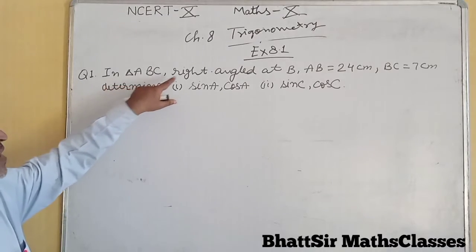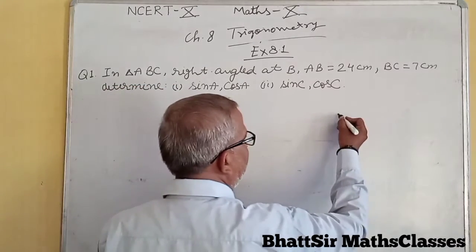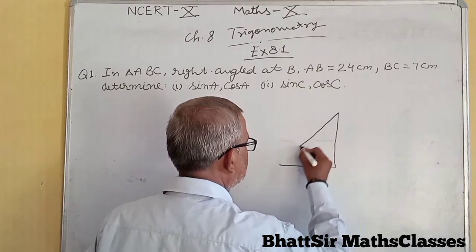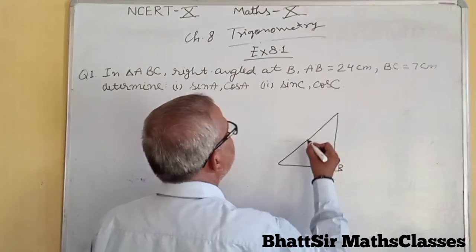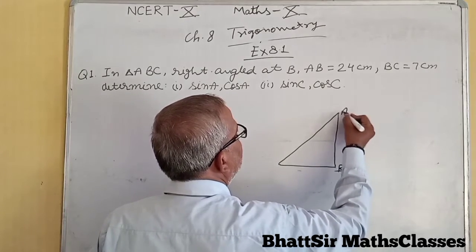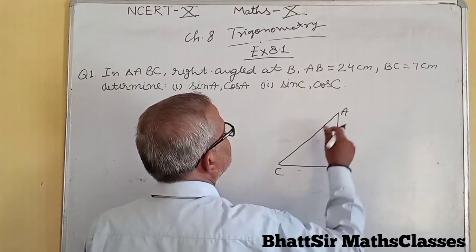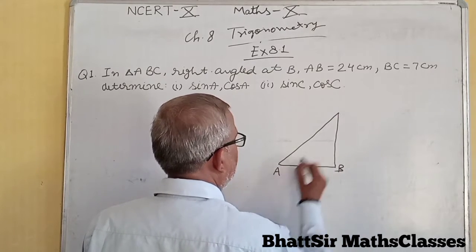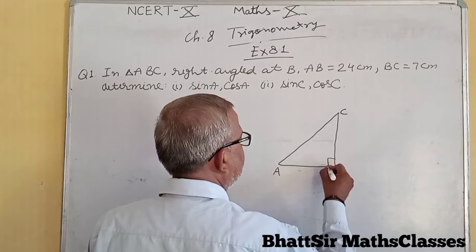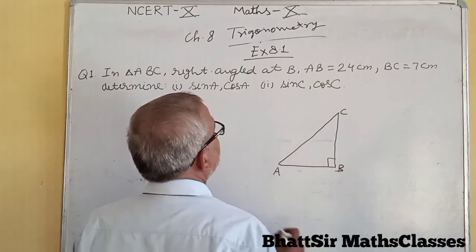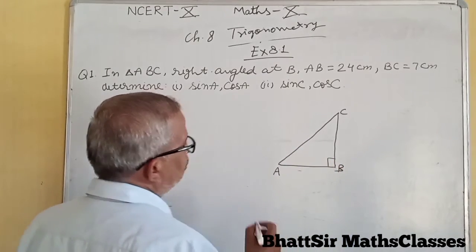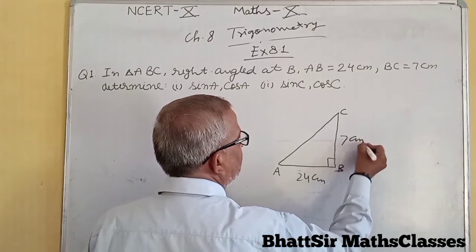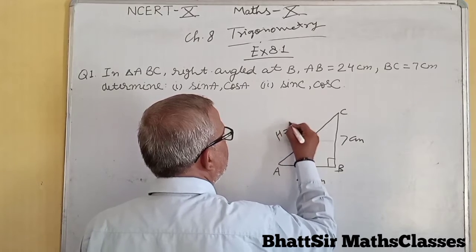In triangle ABC, right angle at B. First of all, you make a right angle triangle B, A, C. It is a 90 degree. Now, AB equal to 24 centimeter, BC equal to 7 centimeter, hypotenuse equal to question mark.